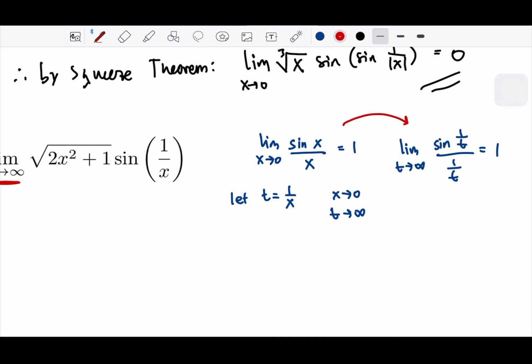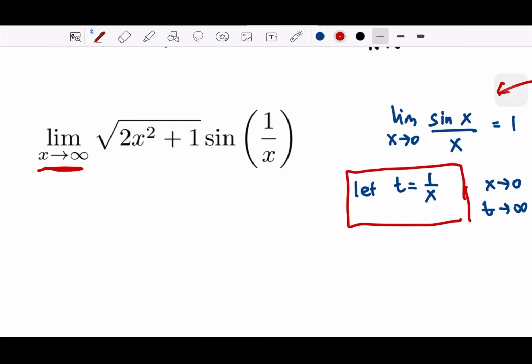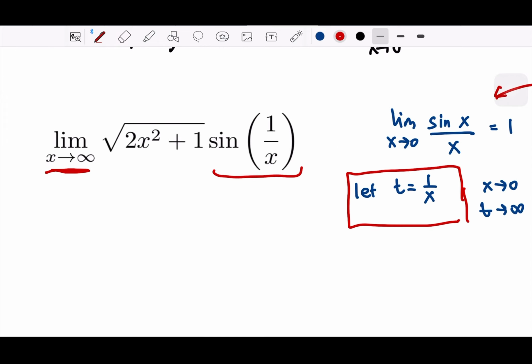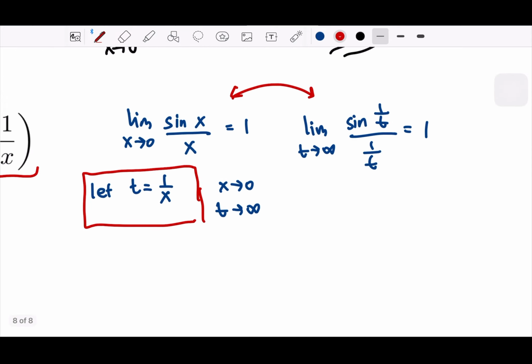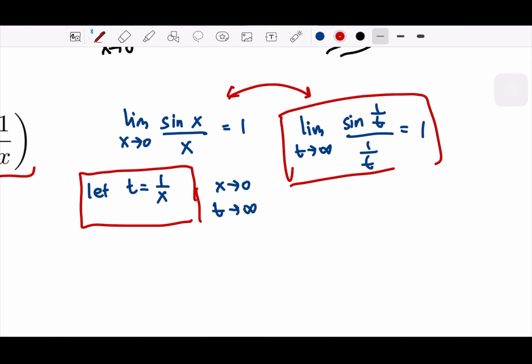It's the same thing, okay? Because we have these relations, we can make them become these two relations, right? We have sine x over x equal to 1, we have sine 1 over t over 1 over t equal to 1, and we are having the sine of 1 over x with x going to infinity. It's perfectly similar to what we have here, okay?